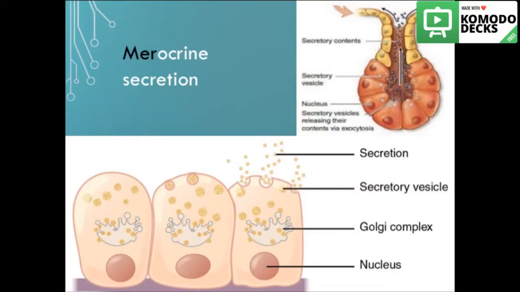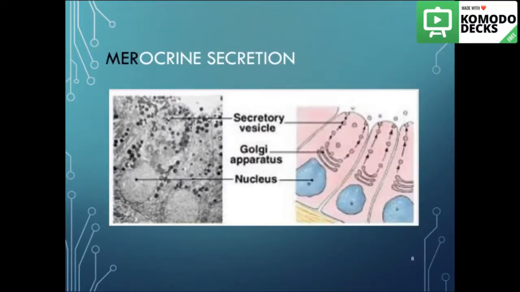The inside of the gland is called the lumen, where the secretions are moving out. In merocrine secretion, the cell is intact, only the vesicles are secreted outside of the cell.